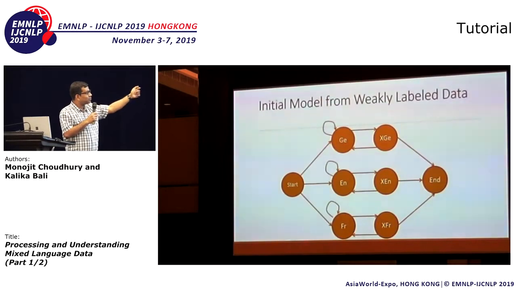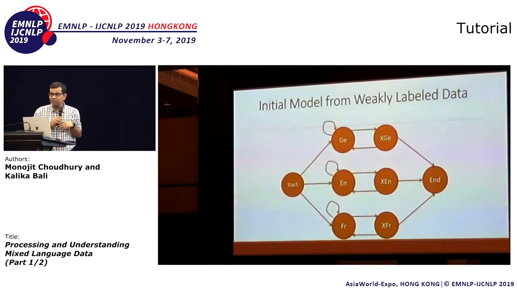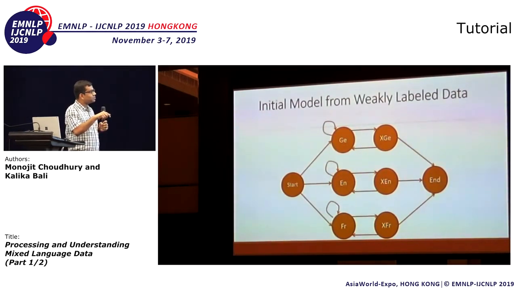From English you can move to an extra linguistic tag and come back, and within English you can also go with a self loop. Of course, there may be multiple extra linguistic items in sequence, but we are combining them all together into one part, so there is no loop here.